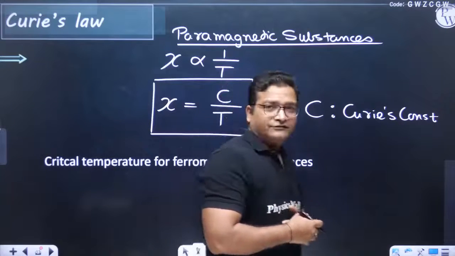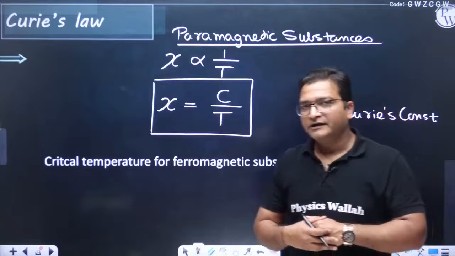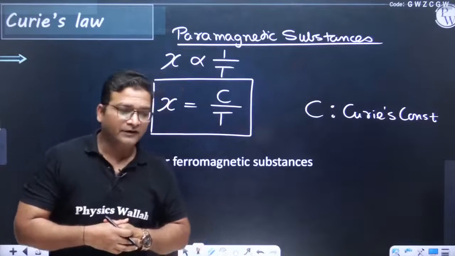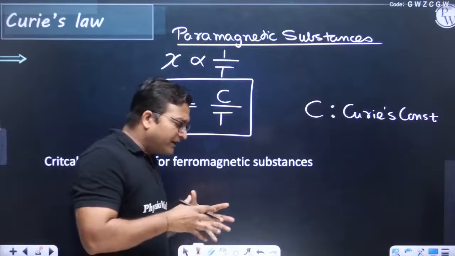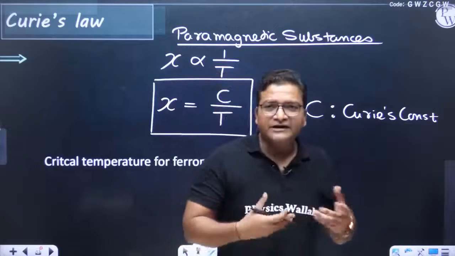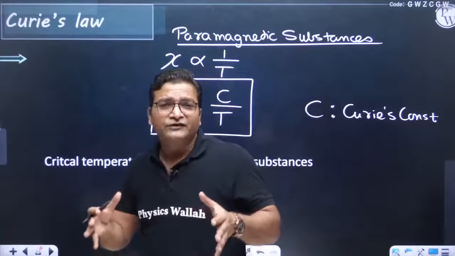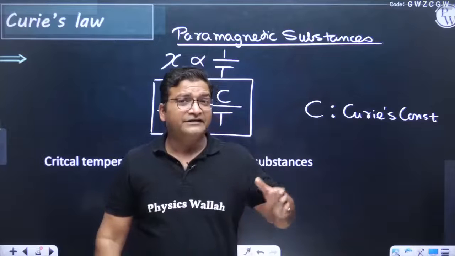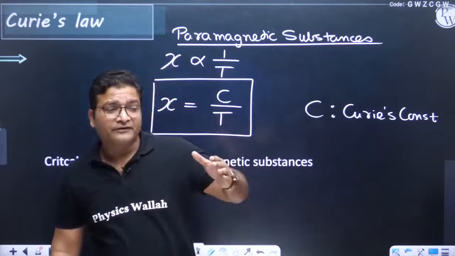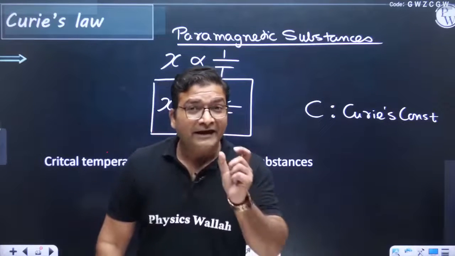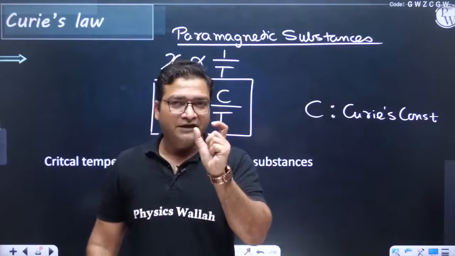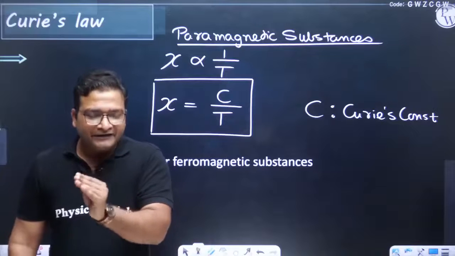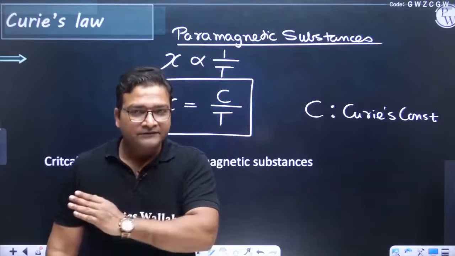We also notice that temperature has its effect on ferromagnetism also. Let us see how. Suppose we have a ferromagnetic substance and we raise the temperature, almost nothing happens to its magnetic properties. But if we keep on increasing the temperature, we see that at a fixed critical temperature for every material, its domain structure is gone.